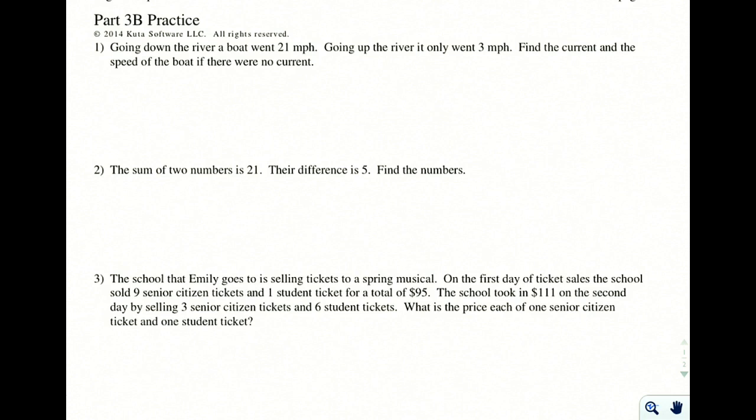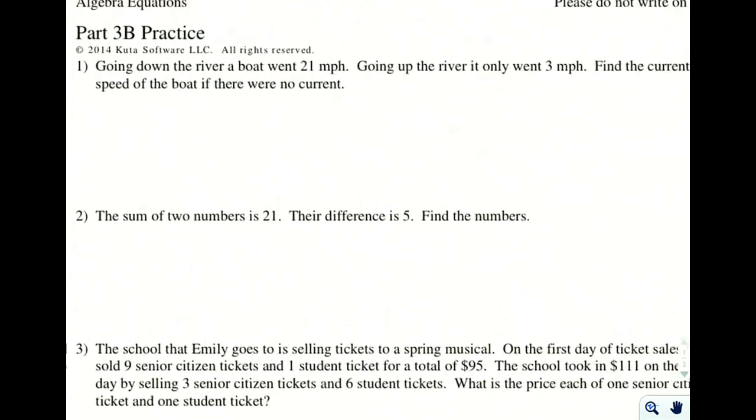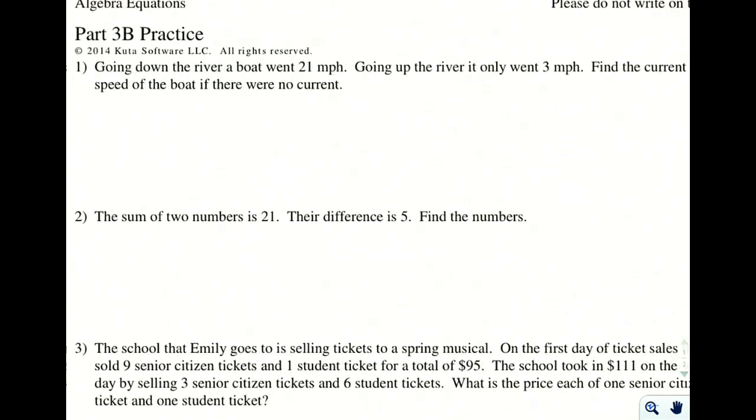So this very first one says, going down the river, a boat went 21 miles per hour. I'm going to draw myself a little river and a little boat. And we are going 21 miles per hour.